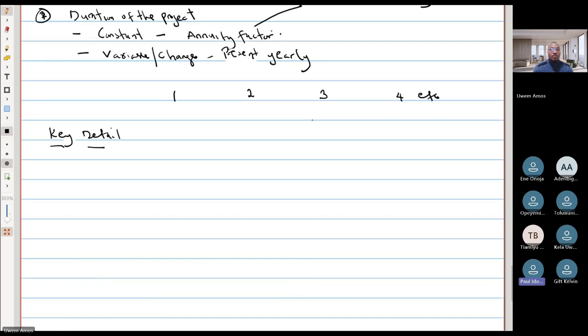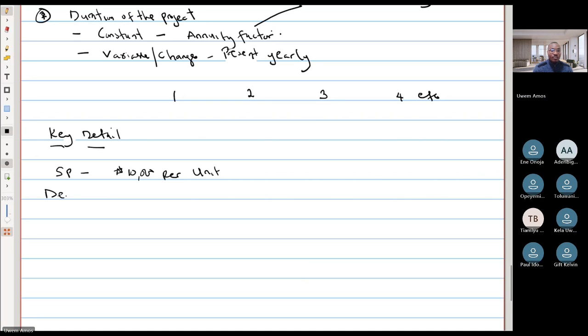Okay. So our sales price is 10,000 per unit. Our demand would actually be that we experience state A or we experience state B. And each of these states, we have probability of occurrence for them.